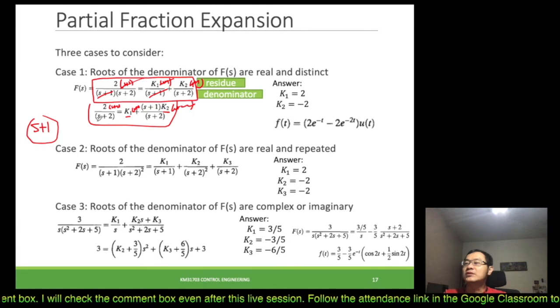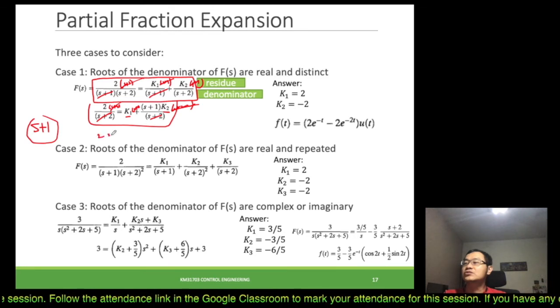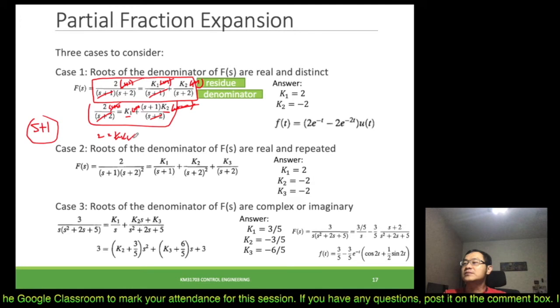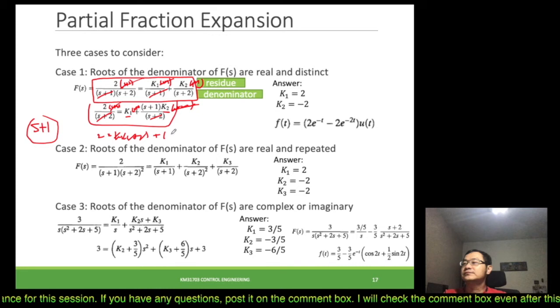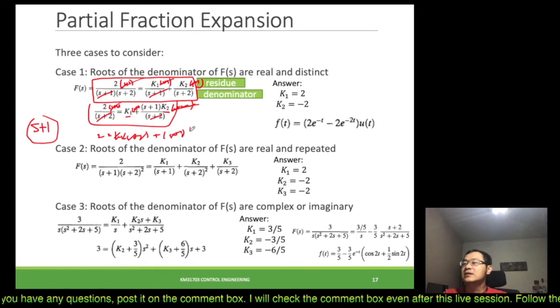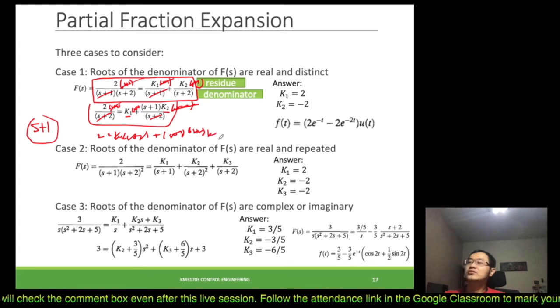So eventually this one cancels out, this one cancels out, right? So 2 equals k1 (s plus 2) plus (s plus 1) k2.